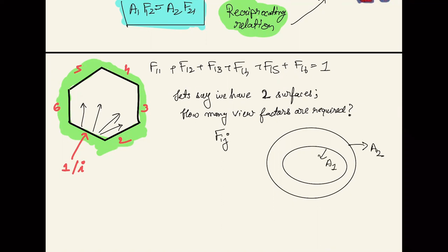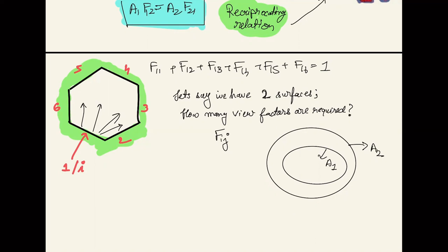And consider them to be spheres, or whatever you want. Now let me know how many view factors can be there. Now this is an enclosure. Now I kind of insulate this from outside. Can anyone say how many view factors are required, or how many view factors will come into picture in this particular case?